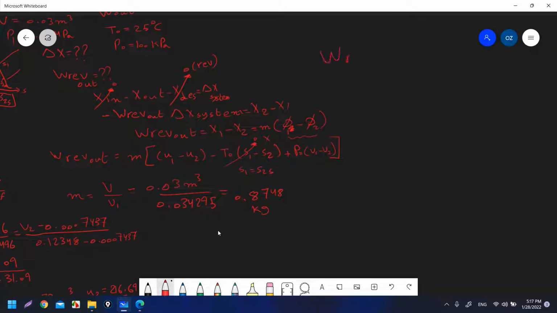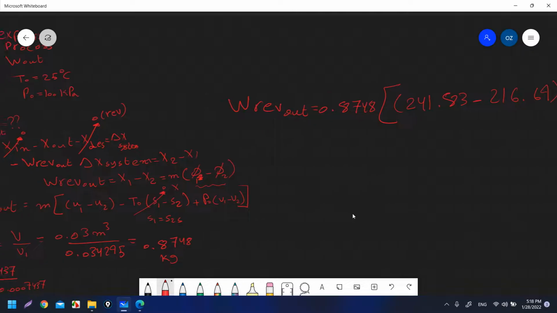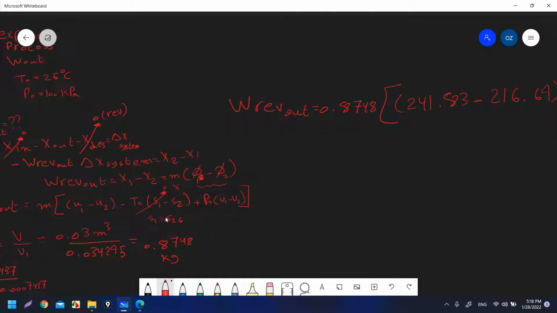So work reversible out will equal the mass, 0.8748, times U1 minus U2, which is 241.83 minus U2, 216.69. Of course, minus T naught times S1 minus S2 is 0 because S1 equals S2s.